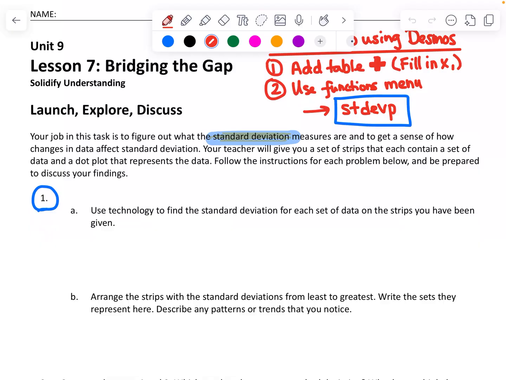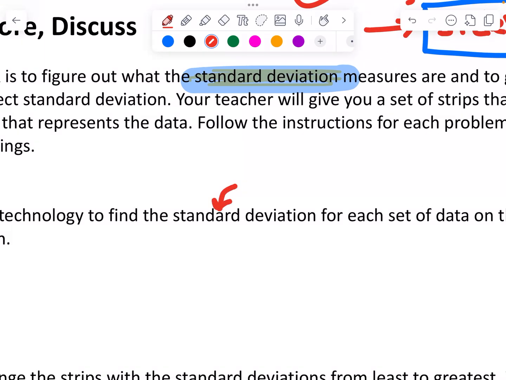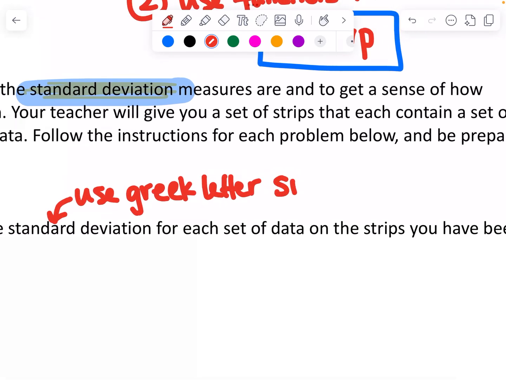So I'm actually going to just write a note up here that we use the Greek letter sigma for the standard deviation. And the way that you write sigma is it's kind of a circle, and then it has kind of a tail on top like this. Okay, so that's the Greek letter that we use for standard deviation.